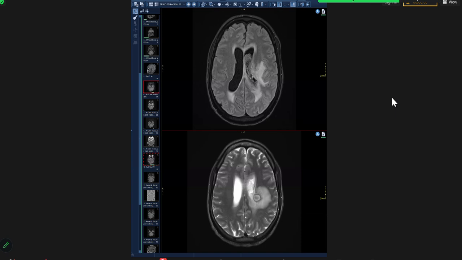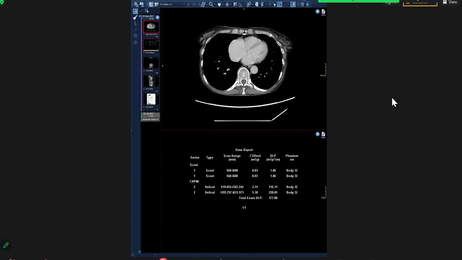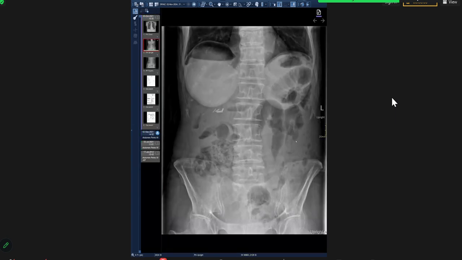Okay, so we're going to go to your second case now. X-ray abdomen frontal projection of a skeletally mature patient. In this X-ray, I can appreciate that a few surgical clips are noted in the right hypochondrium.